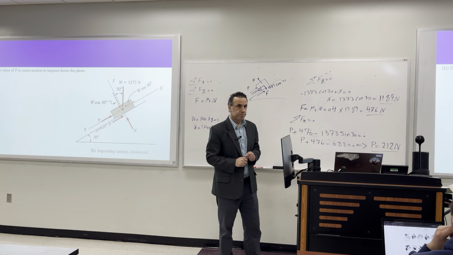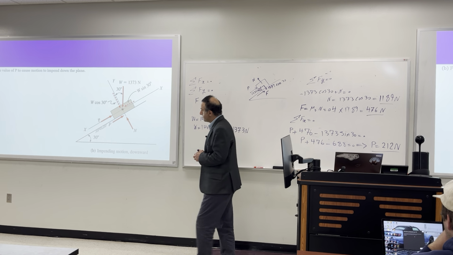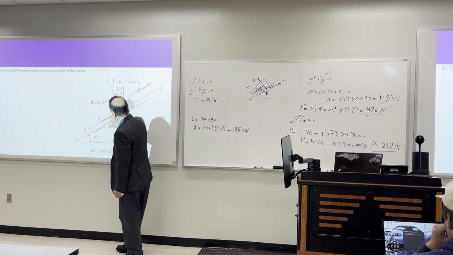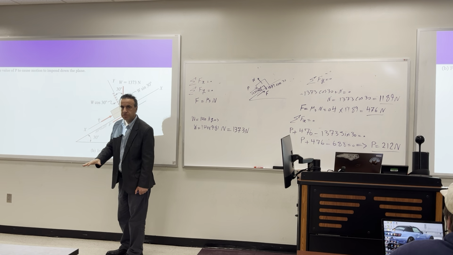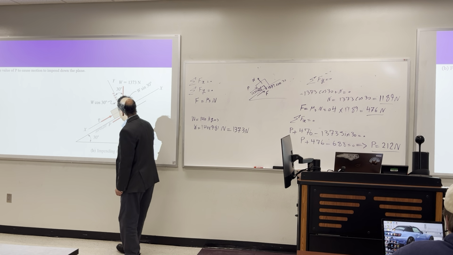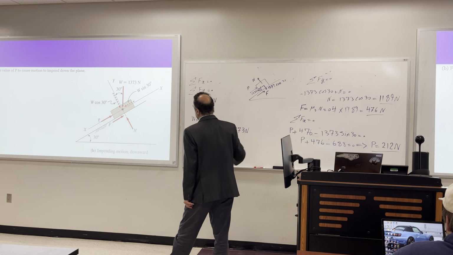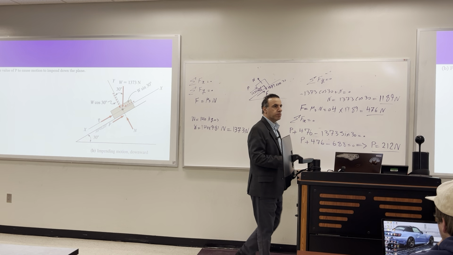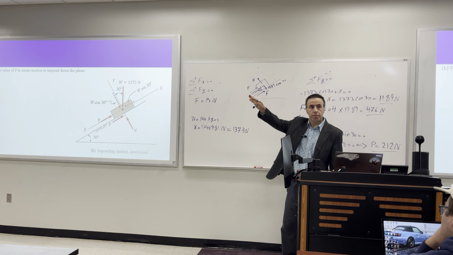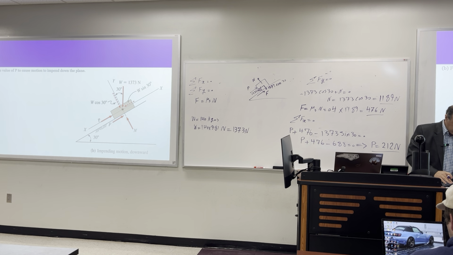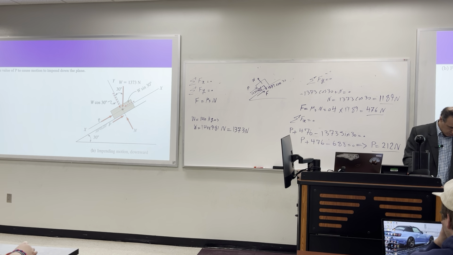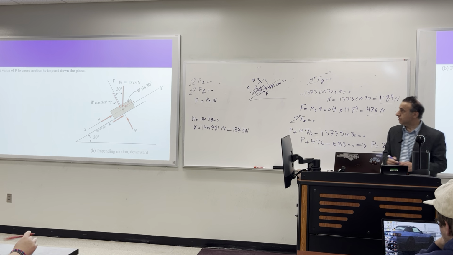Okay. So this is the value where, if you apply less than that, your part is going to go down. If you apply 212, and the previous force to move it up, we found, was around 1163, right?